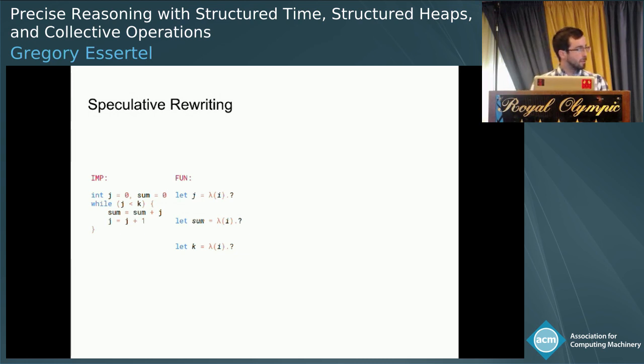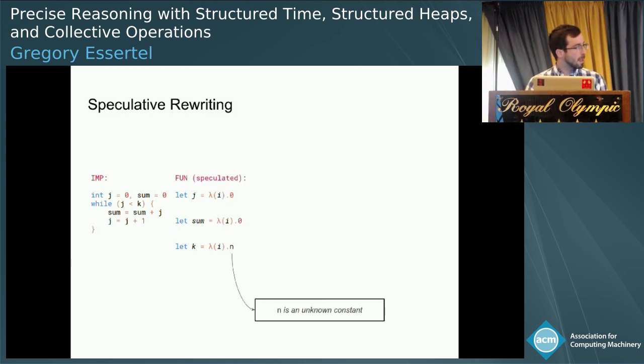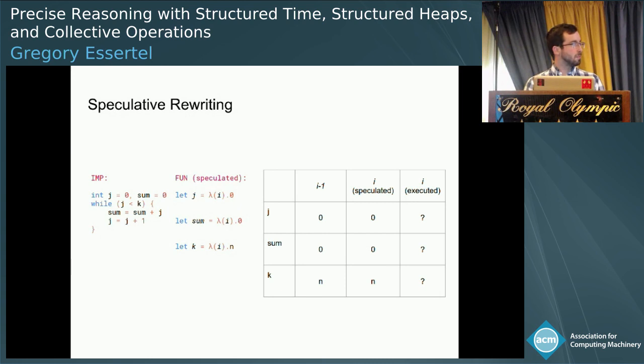So let's take a much simpler example that we had before, and the same thing, we want to transform it to the Fen language. Our first speculation is going to say all values are constant, because we want to approximate the scalar by a polynomial. So we assume that at I-1 we have all values 0, 0, n, and so at index I it's going to still stay 0, 0, n.